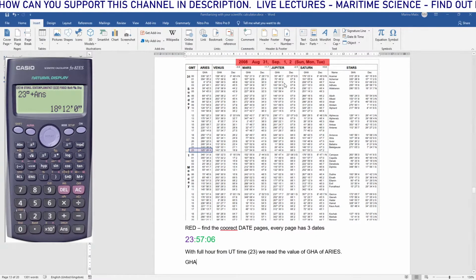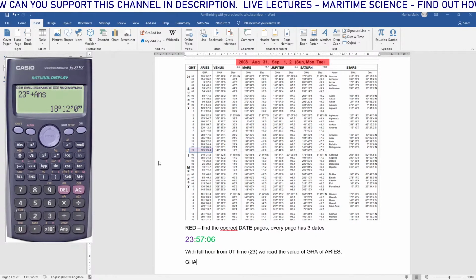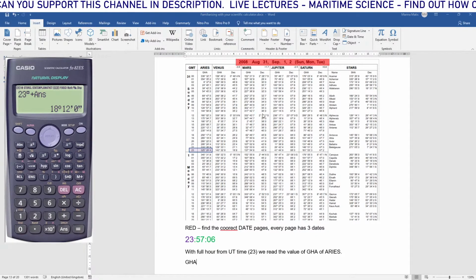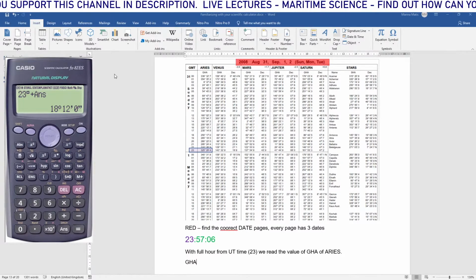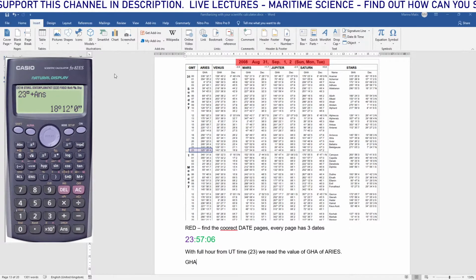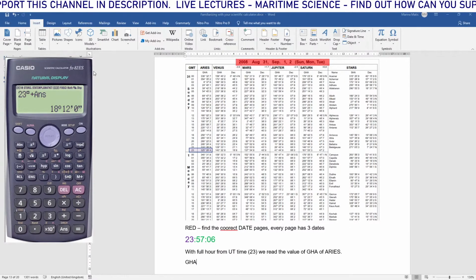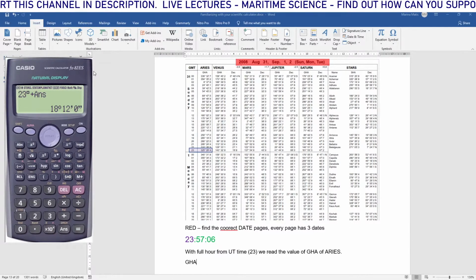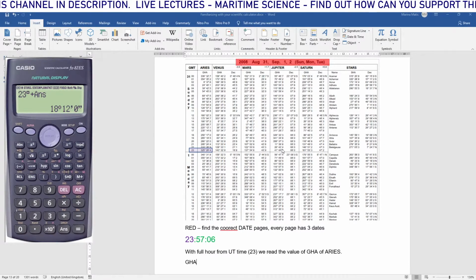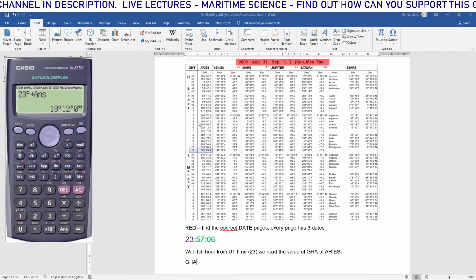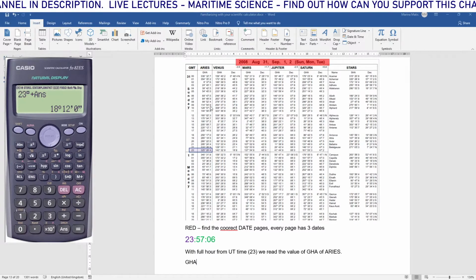Do I have gamma? Come on, gamma. So the Greek letter gamma is in Times New Roman. Let's find Greek letters: alpha, beta, gamma, delta.